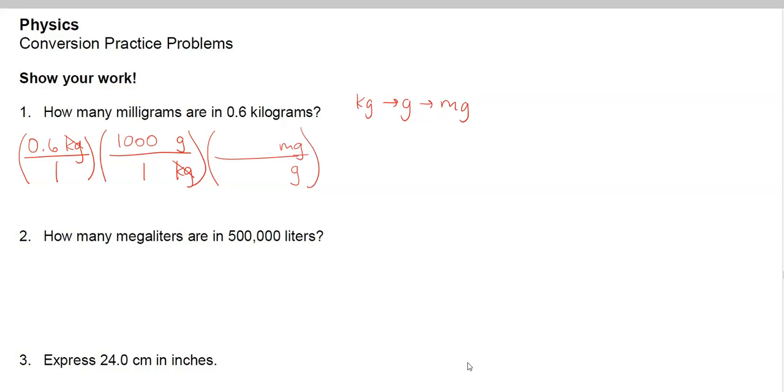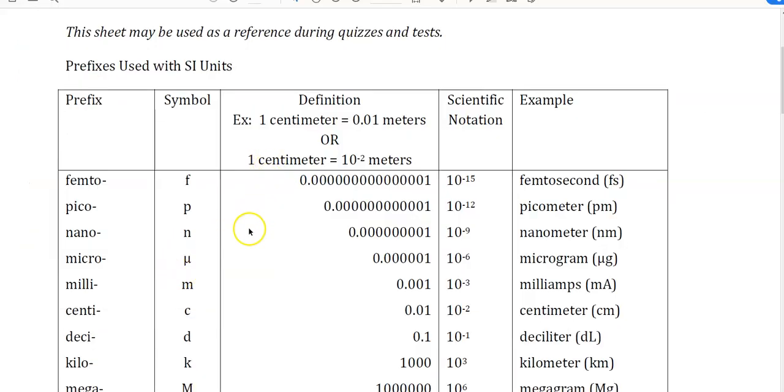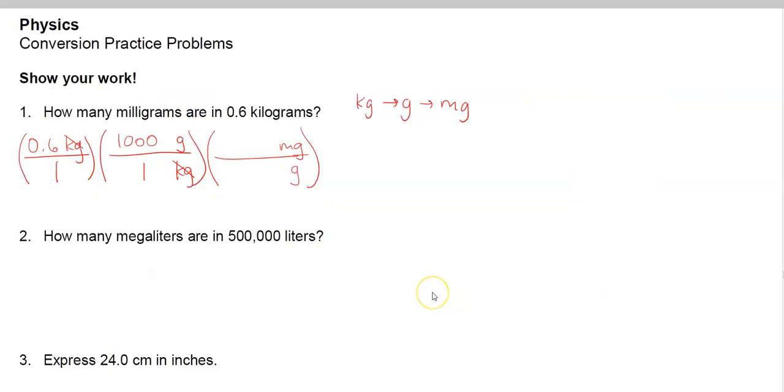Okay, so then go back to the table. I know that 1 milligram, now I'm looking for the M prefix. So now I'm looking here in the table. M stands for milli. 1 milligram equals, there's an equal sign right here, equals 0.001 grams. Okay? So then that's what I would write up here.